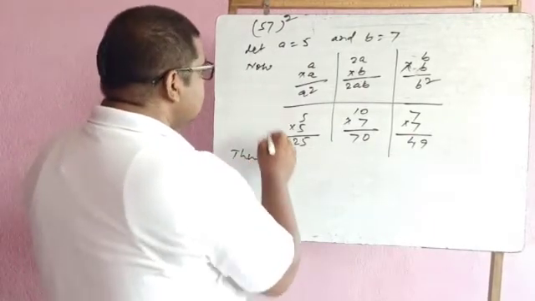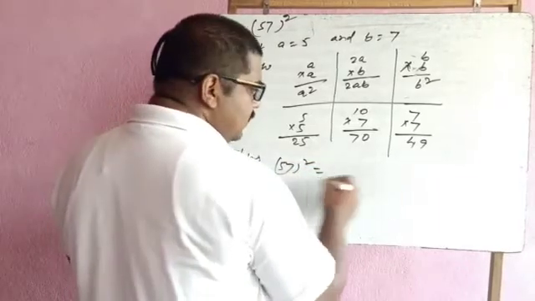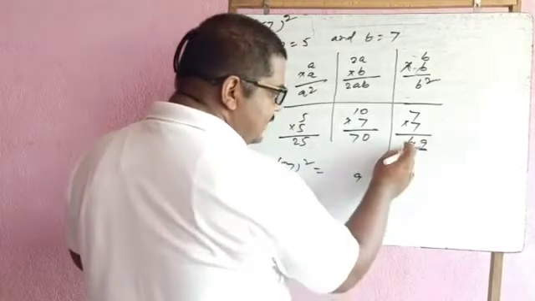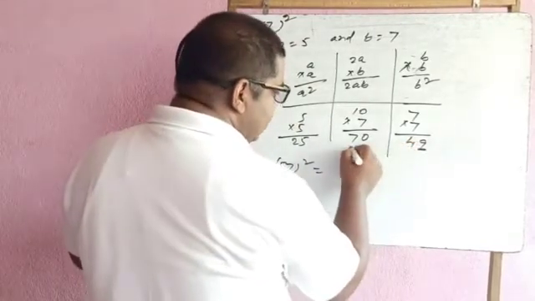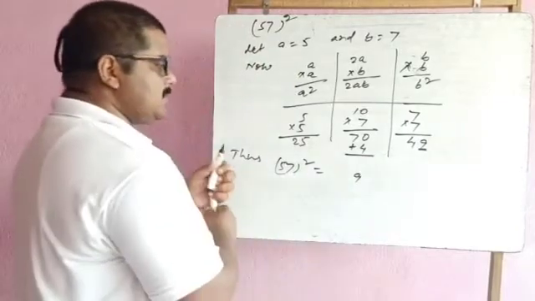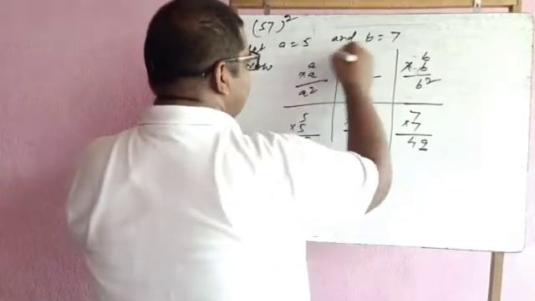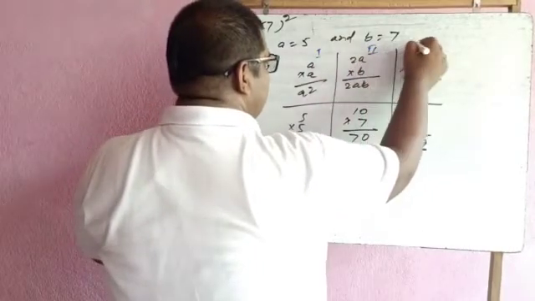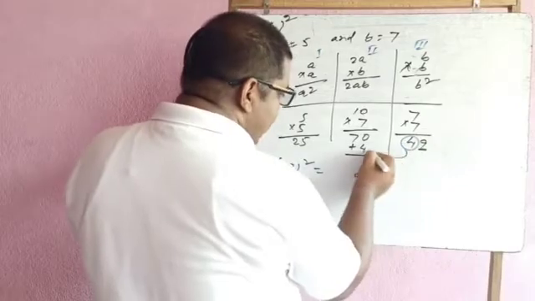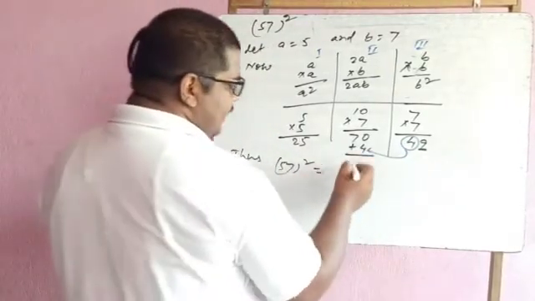Now in the final conclusion, 57 square is equal to: you have to select 9, and what is left? 4. Then you have to add 4 to the second part. If you write down, it is the first, second and third. From the third, you write down the carry and add it to the second part.